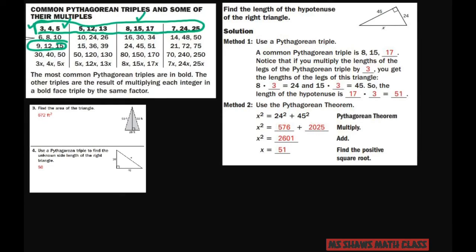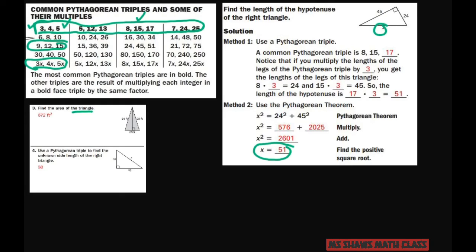We used this, and I don't know if we used the others, but anyway, here we have to find the length of the hypotenuse, and this is a bigger triangle. This was 24 and 45. You take the positive square root to use the Pythagorean Theorem, and you got x equals 51.